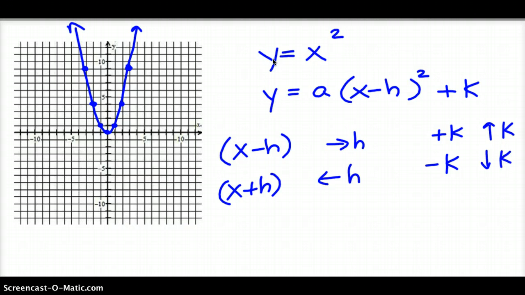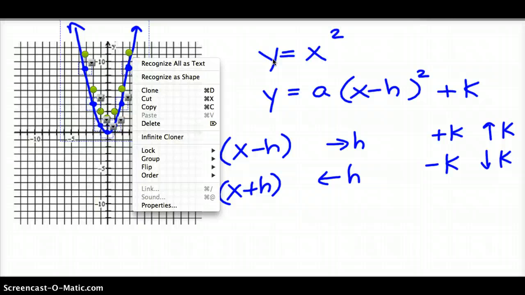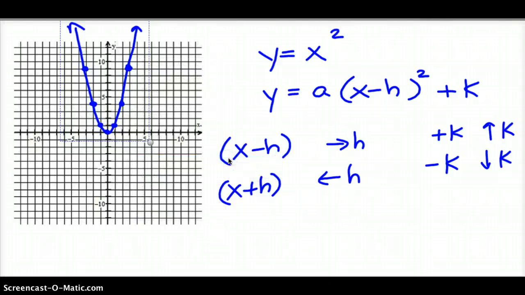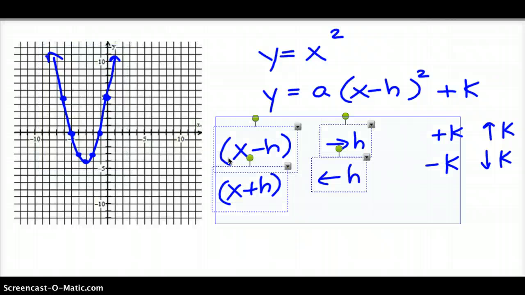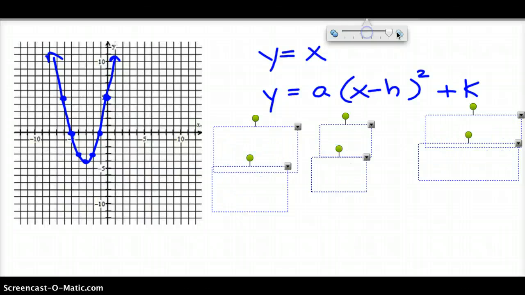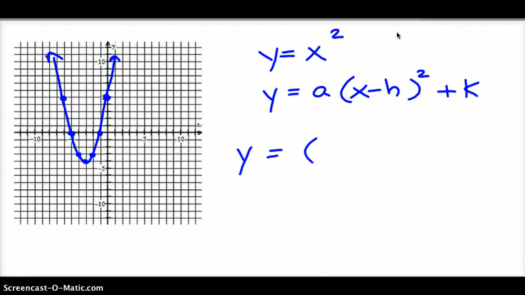So, if I were to take this graph and shift it left 3 and down 4, the equation of my new graph would be y equals x plus 3 in parentheses squared minus 4.